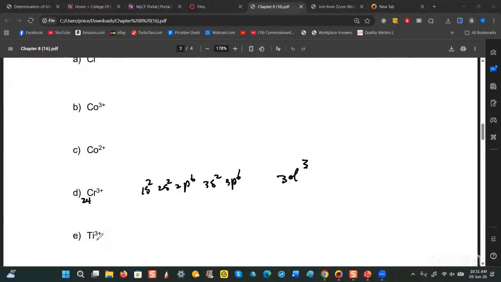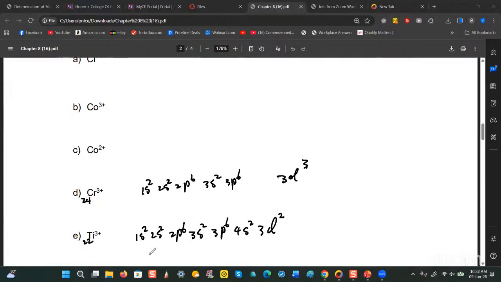What's the atomic number of titanium? Ti, 22. Okay, so in the case of titanium, it's 1s2, 2s2, 2p6, 3s2, 3p6, 4s2, and 3d2, all right?